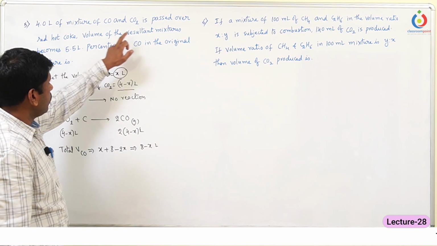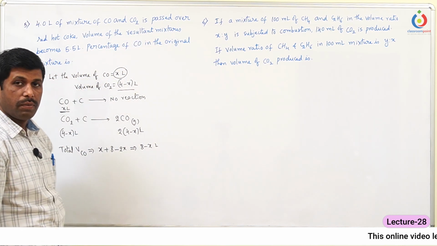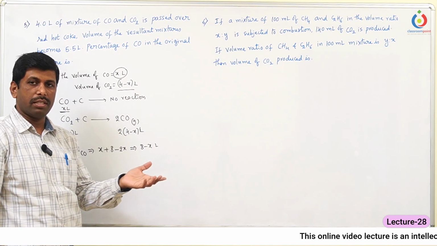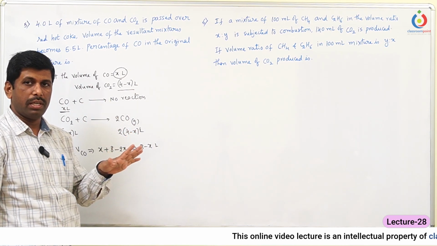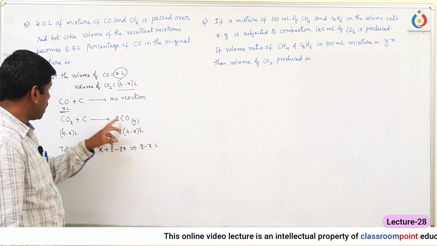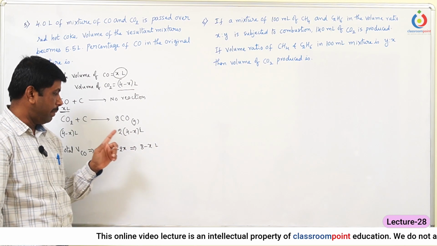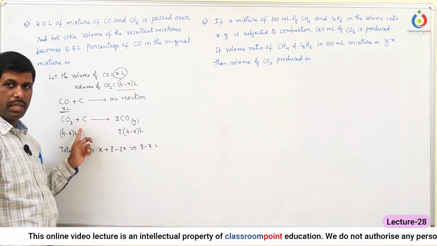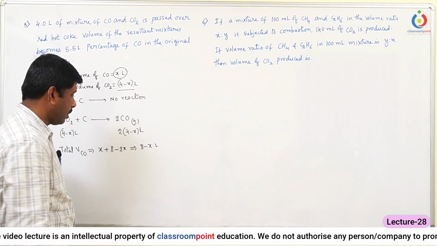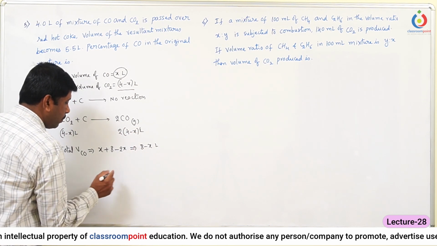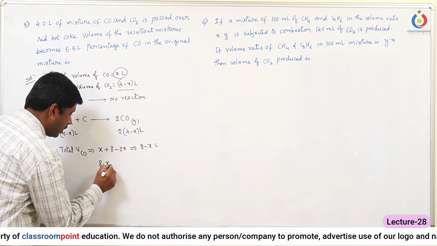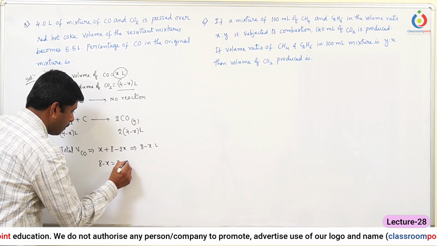Finally, the volume of the resultant mixture becomes 5.5 liters. That means the final gas has only 5.5 liters and that belongs to the carbon monoxide only. Why? Because carbon dioxide is already converted into carbon monoxide. So 8 minus x liters is equals to 5.5 liters.